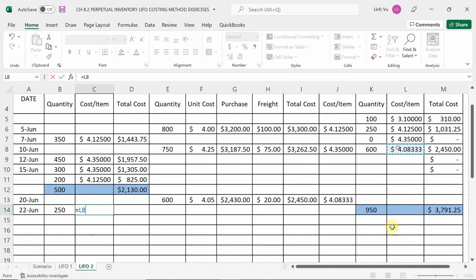The 4.08333. Good. So that's going to give me a total cost of goods sold to be 1,020.83.